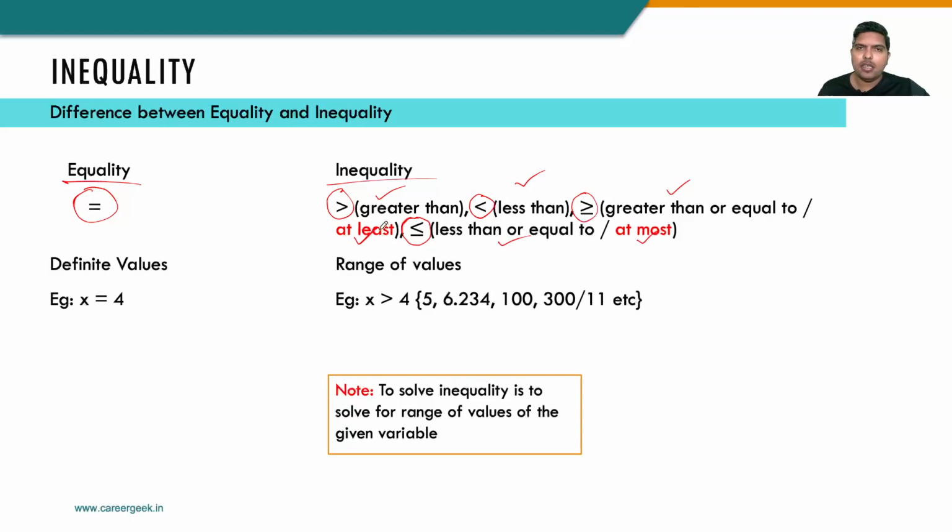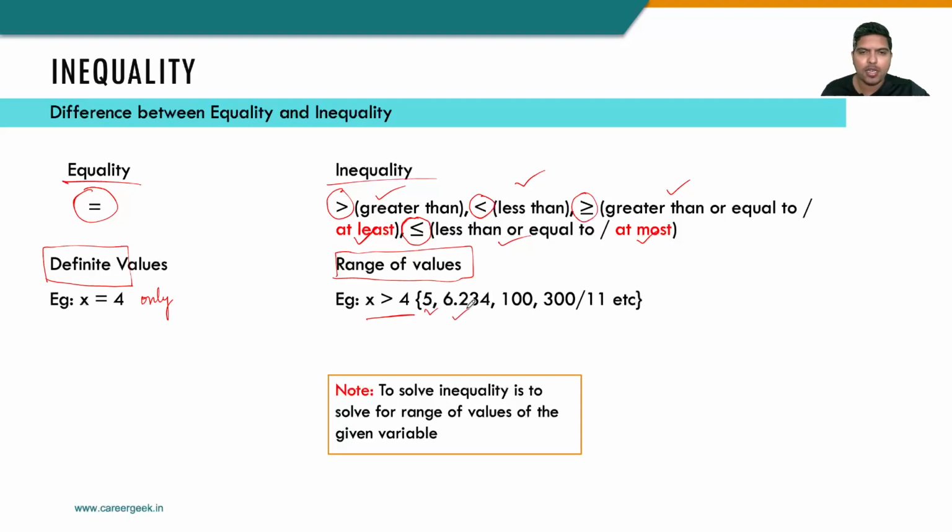Now, these are the signs used in equality and inequality. What is the difference? When I say x is equal to 4, I'm talking of a definite value of x. x is equal to 4 only. There is no other value for x in this case. Whereas when I'm saying x is greater than 4, I'm talking of a range of values. What is a range of values? Any value greater than 4.